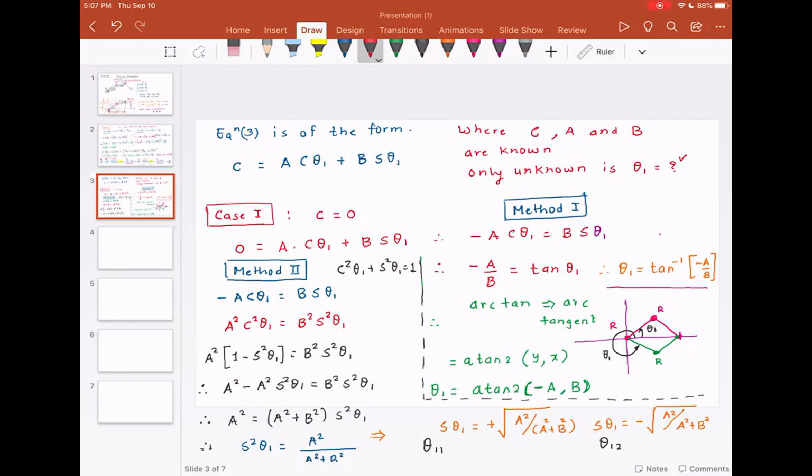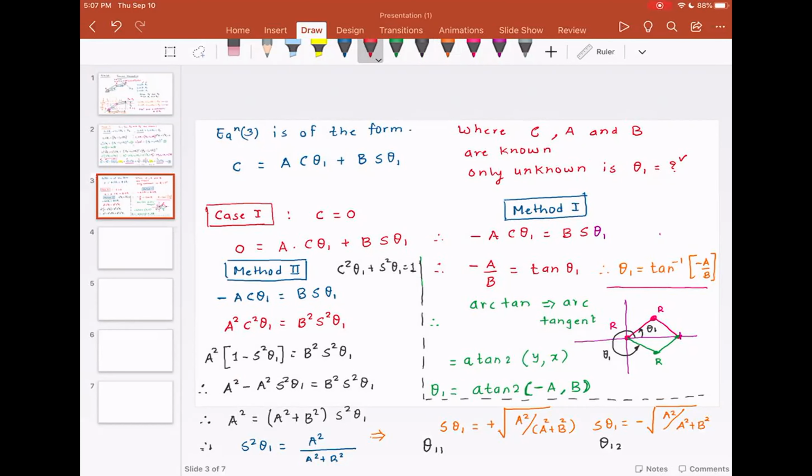So before I discuss case 2, everybody understood that if you have an expression where you have just sine and just cosine of one angle, it could be theta 1 or it could be theta 2, but not theta 1 and theta 2. Everything should be in just one angle. Then you can use method 1 or method 2 to find all the solutions.